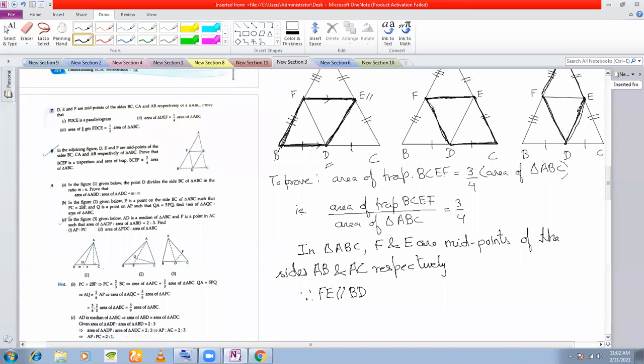Similarly, E and D are midpoints of the sides AC and BC respectively.